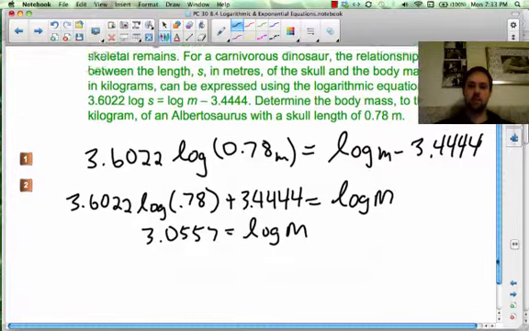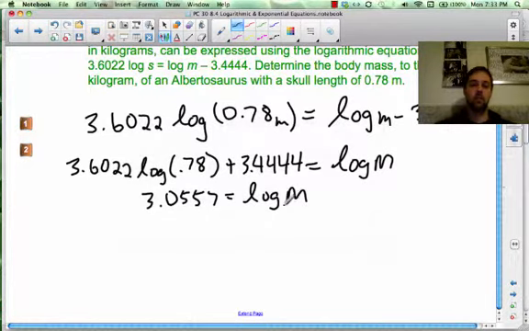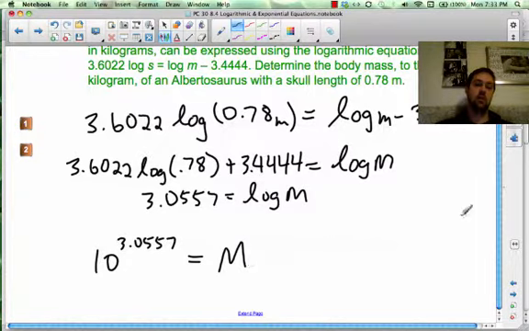Now, since this is a base 10 log, we can just raise everything to the power of 10. So 10 to the 3.0557 equals 10 to the log base 10 of m. 10 to the log base 10 of anything is that anything, so that will leave us just with m.